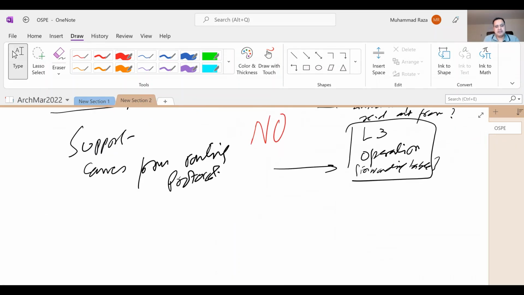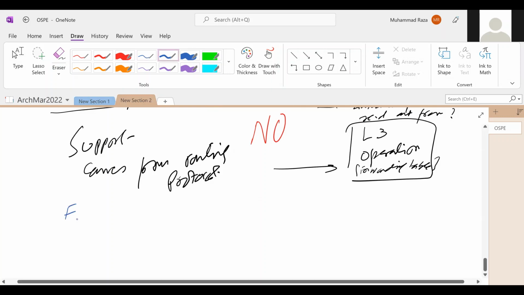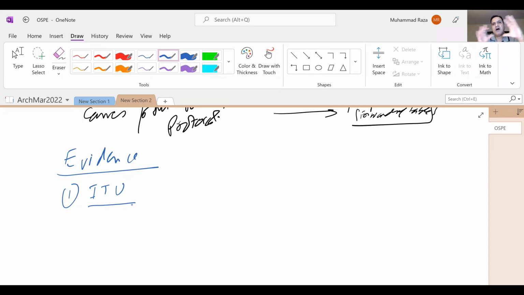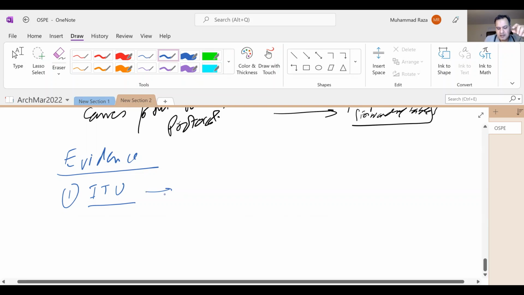So where can we find the evidence? Let me give you evidence. For one, if you look at the ITU documentation, the International Telecommunication Union, and you see how they document, you would learn that they document routing protocols separate from layers.